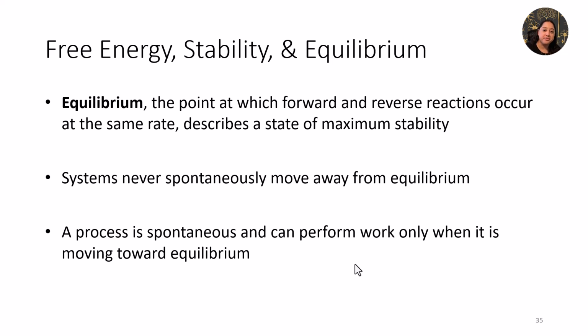And so this is kind of the maximum state of stability. Systems will tend towards equilibrium. Systems will never spontaneously move away from equilibrium. A process is spontaneous and can perform work only when it is moving toward equilibrium.